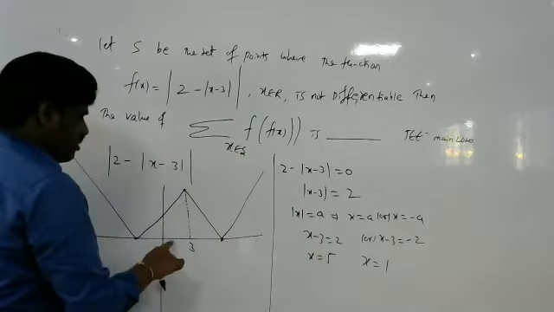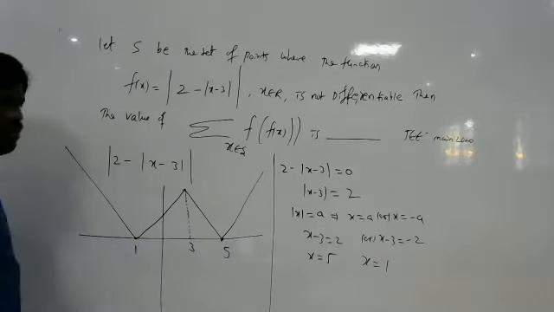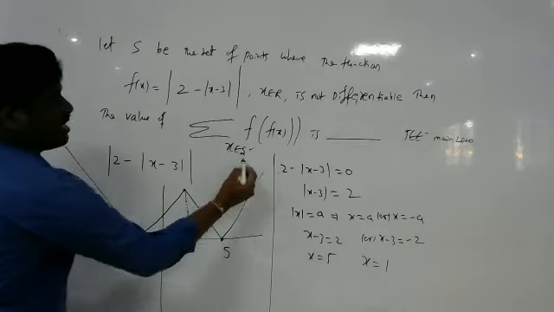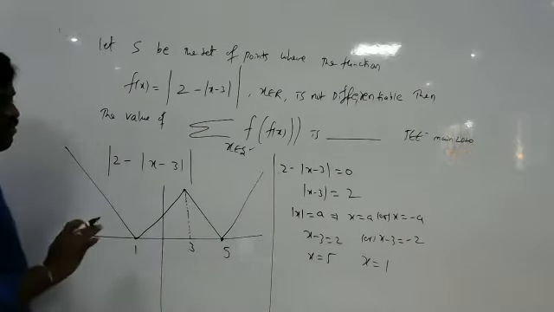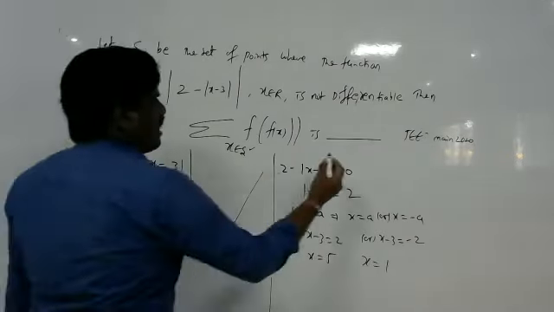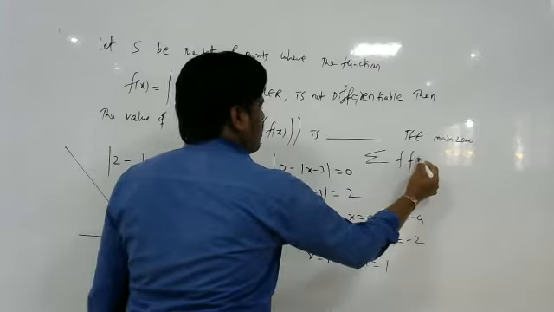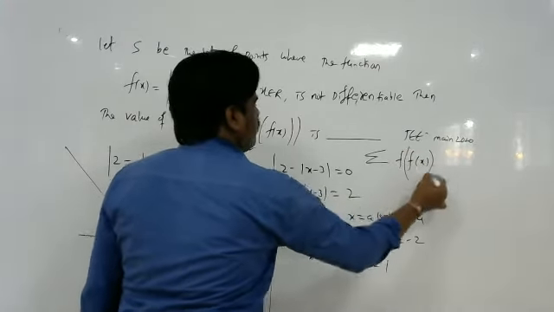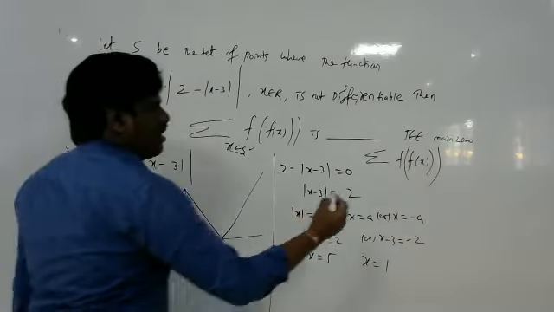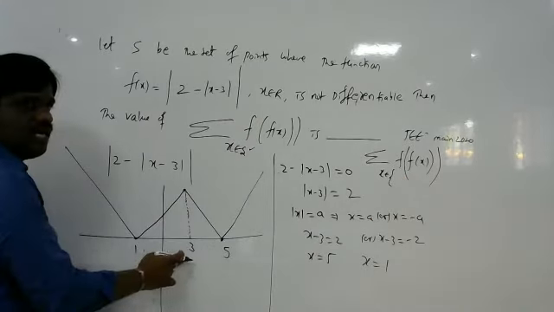This is 2, x minus 3 is equal to 2. So the graph should be here. My graph is wrong. Okay, no problem. This is 1, this is 5. So I got these 3 points. Now the set S is nothing but these points: 1, 3, 5. Now I have to apply sigma f of x for x belongs to S, which means x belongs to 1, 3, 5.